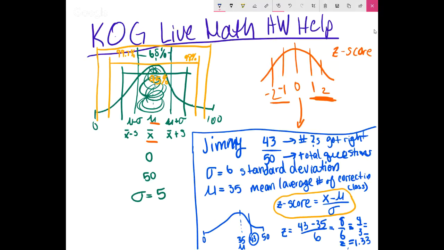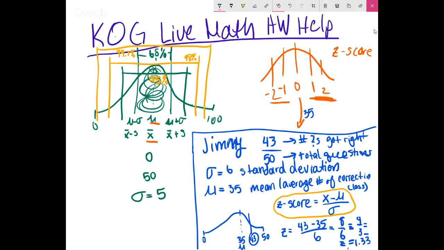In real life, or a normal distribution, the mean is actually 35. All the numbers in front of 0 are positive, all the numbers behind 0 are negative, and our z-score says 1.33. So that means we were right when we said that he scored above average compared to the rest of the class.